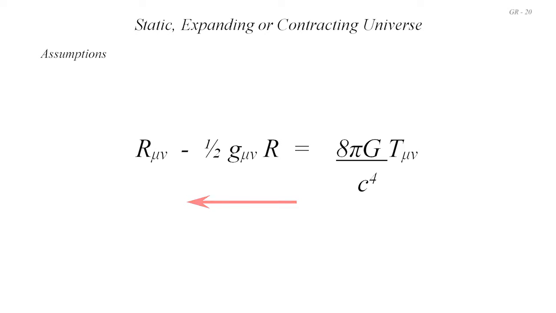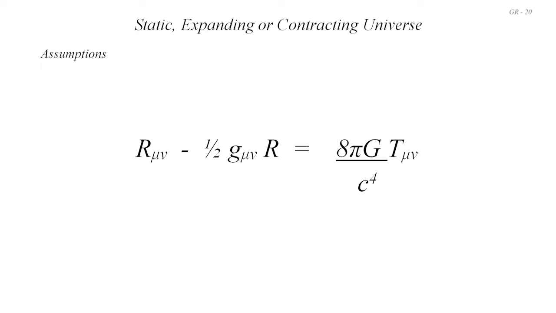In other words, we need to know the stress-energy tensor, T mu nu, for this so-called perfect fluid of the universe. And we need to know a useful metric tensor, g mu nu, for it, one which will allow for the fact that the universe can expand and maybe even contract. But you may ask then, what about the R's, the Ricci tensor and the curvature scalar? Don't we need to know them also?